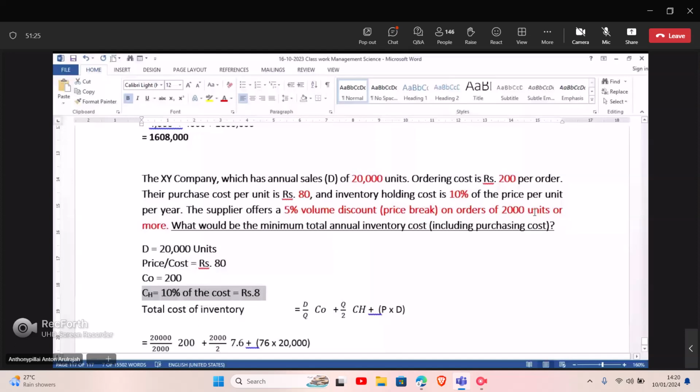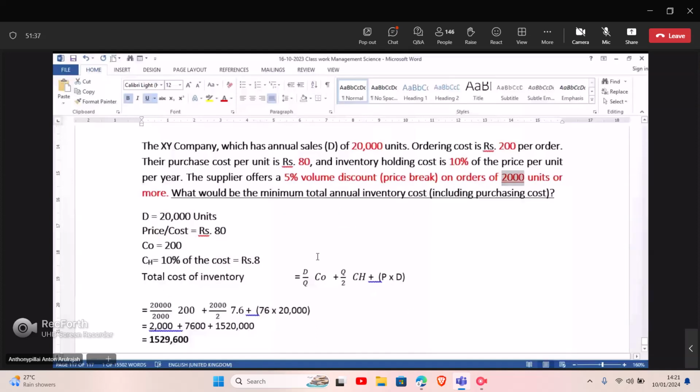Now what is the price? 76 rupees. Fixed.